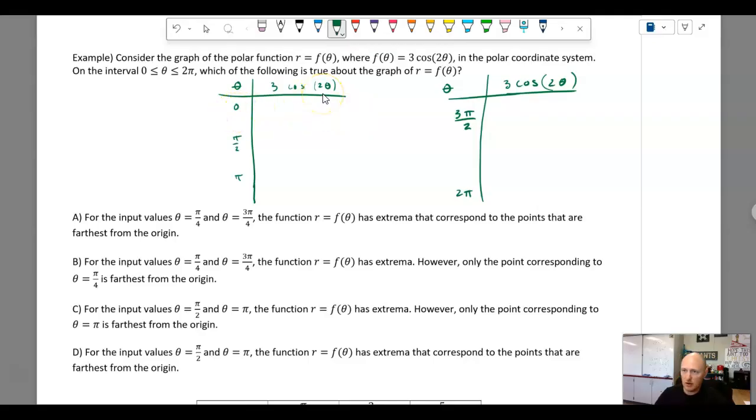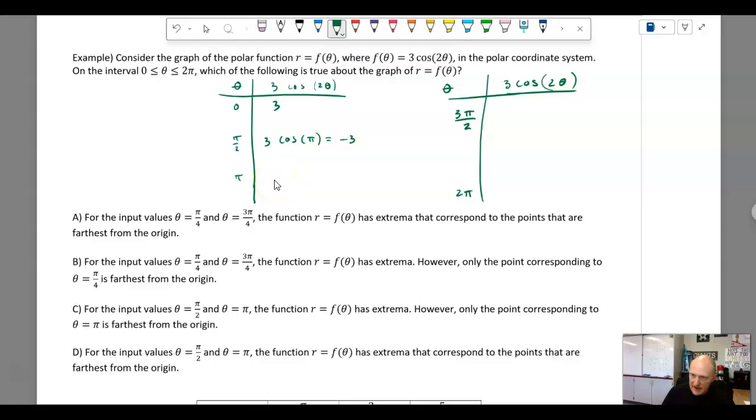If I plug in 0 here, we get 3 times cosine of 0, which is 3. At pi halves, be careful here with this. Notice that I'm doubling this, so this becomes 3 cosine of pi, which is -1. So here we get -3.